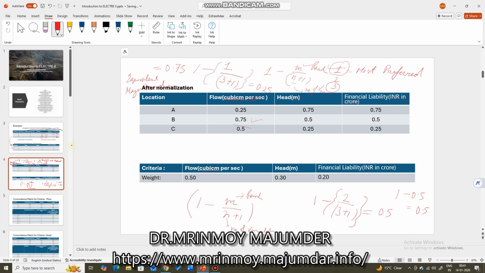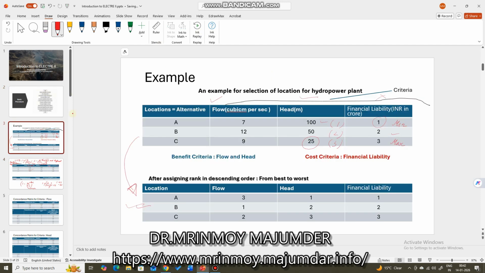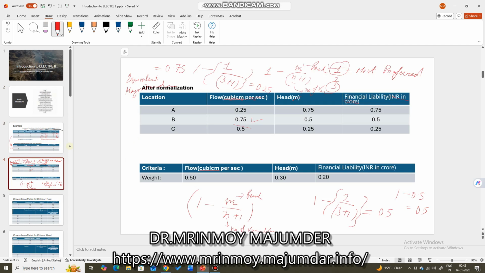Now let us come to the weight. As I have said in the content, set criteria weights. These criteria weights are arbitrarily selected, and it depends on the decision maker. So this is one of the lacunae of ELECTRE II. The weights of the criteria were assigned by the decision maker only.